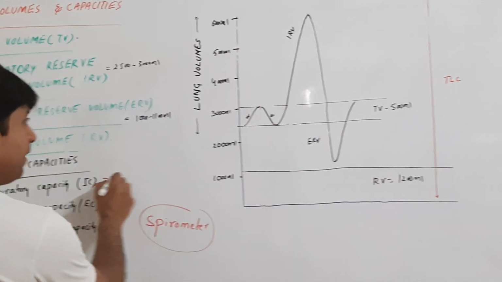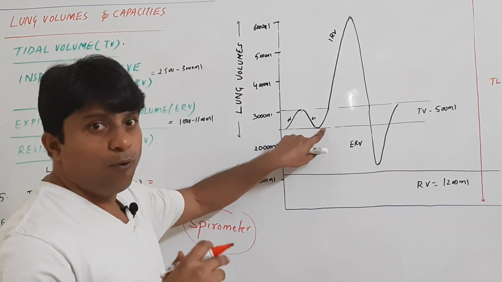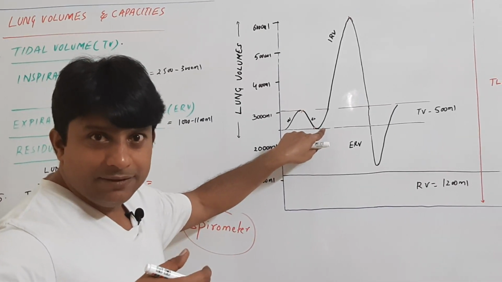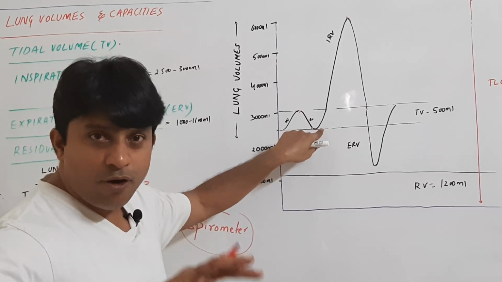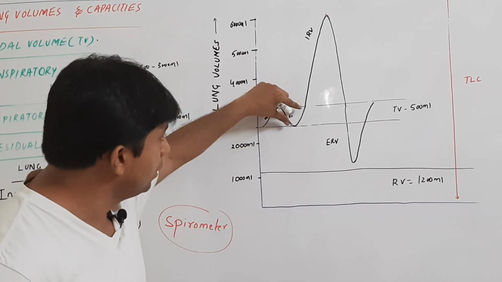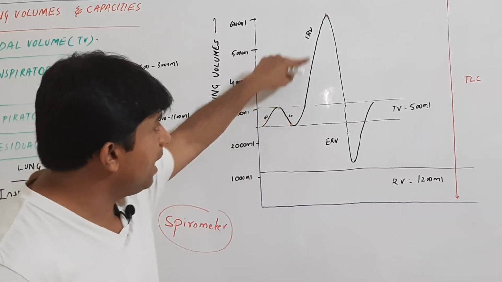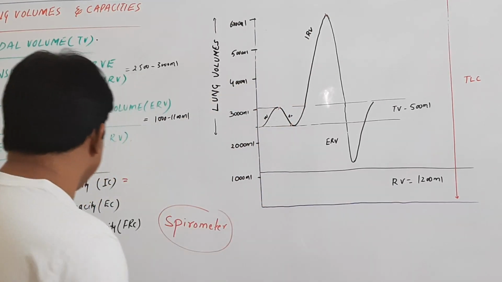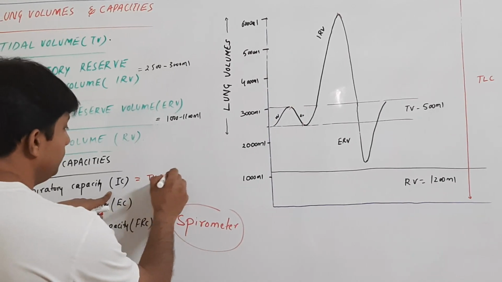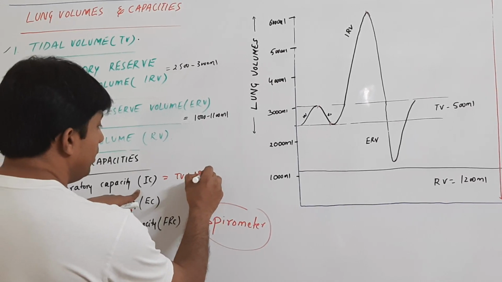So your inspiratory capacity is the volume of the air that is taken in after normal expiration. That means it includes your tidal volume as well as inspiratory reserve volume. Inspiratory capacity is your tidal volume plus inspiratory reserve volume.